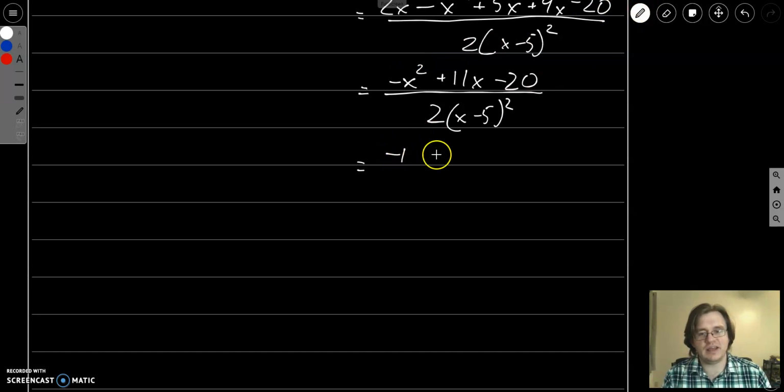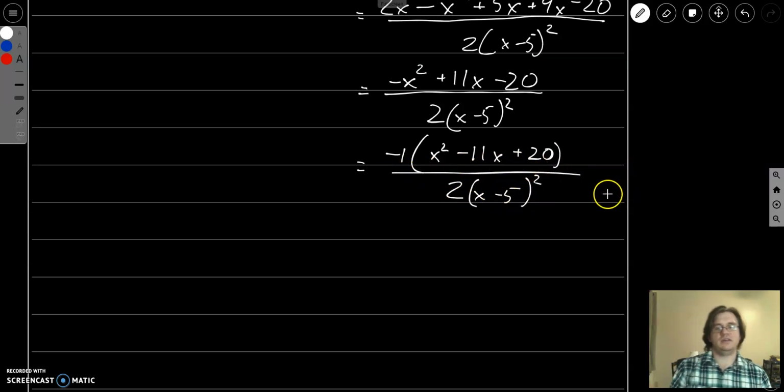So I'm going to pull out a negative 1. Again, this is not necessary, but I like to think about things like this. And by pulling out that negative sign, I have to pull a negative sign out of the 11x, which means that it'll be negative 11x. If I were to go backwards, negative 1 times negative 11 will give me positive 11, and pulling a negative sign out of the 20 gives me this.